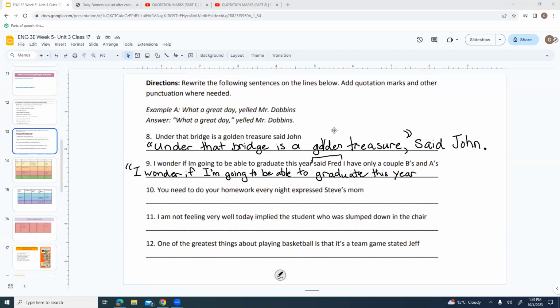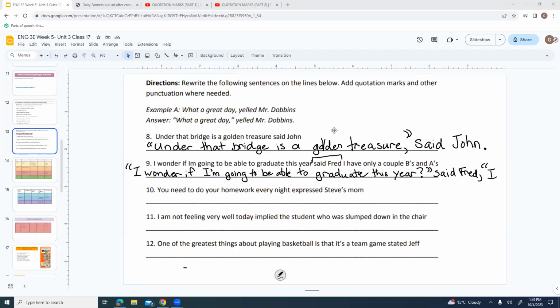Okay. So I'm actually going to put a question mark there because "I wonder" is kind of a question word. And then I'm going to put the quotation marks. Then I'm going to get "said Fred." Then I'm going to put a comma because the sentence is still going. And then I would start some new quotation because he keeps on talking.